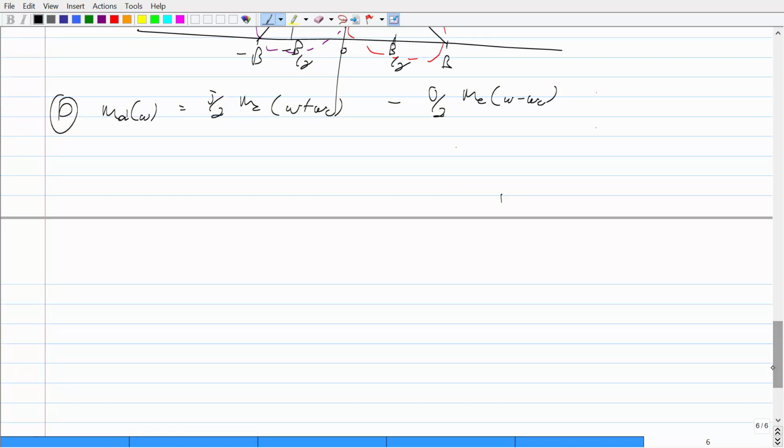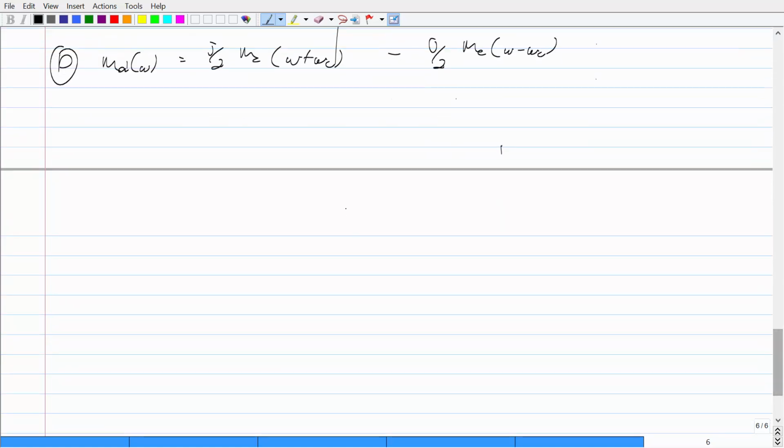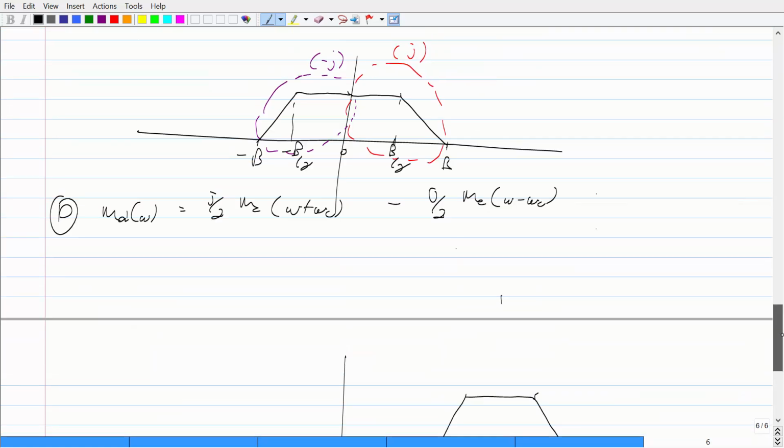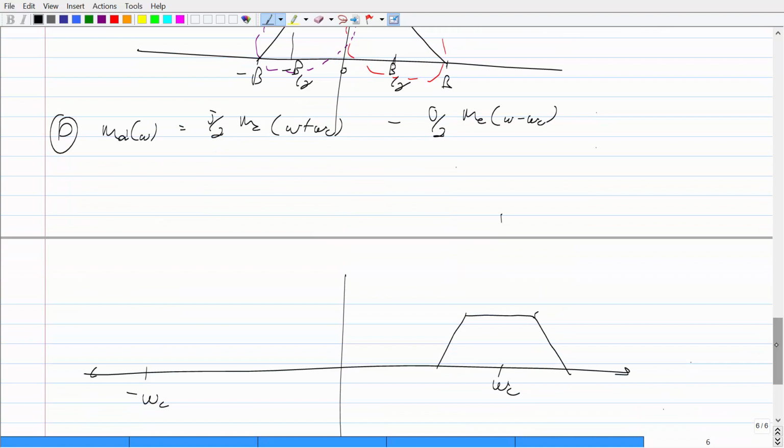All right, so D. It's going to look like this now. So you modulate over by minus plus omega c, and then what's going to happen is that it's going to look like this. So let's actually draw the actual thing first.